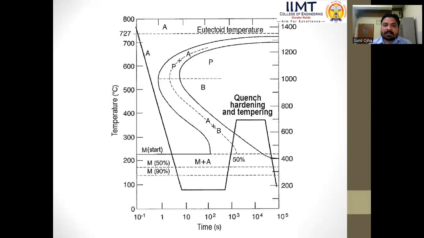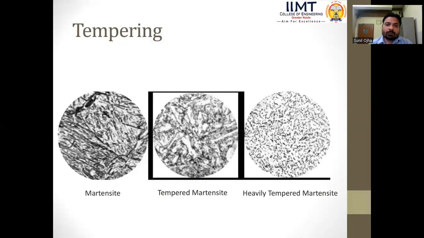You can see this is temperature versus time, showing how we do the tempering process. We also have to see the microstructure of different compositions: martensite, tempered martensite, and heavily tempered martensite.